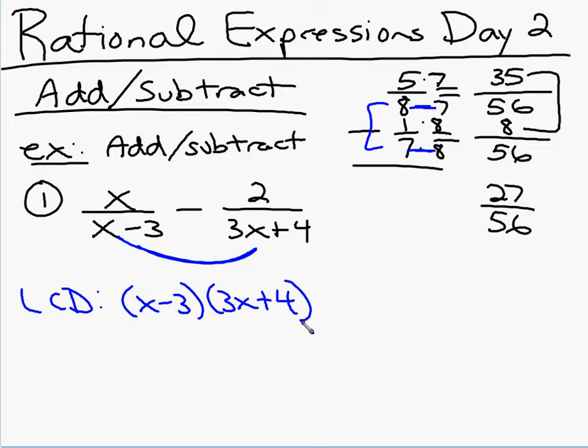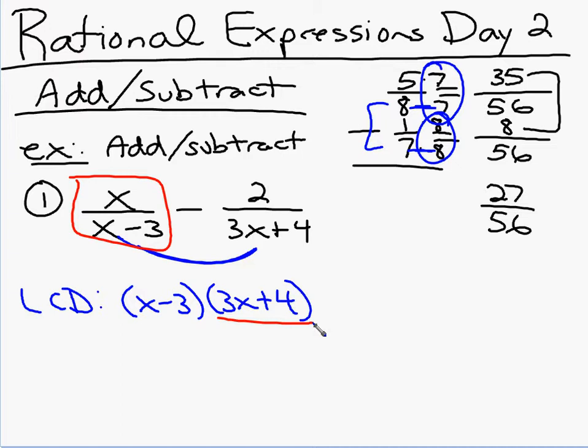So what we have to do now is multiply each of these fractions by a form of 1. That's what we did up here. 7 over 7 is 1. 8 over 8 is 1. So really all you have to do is see which one it does not have. Well, this fraction does not have the 3x plus 4.